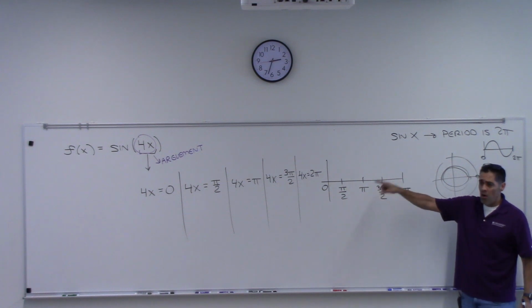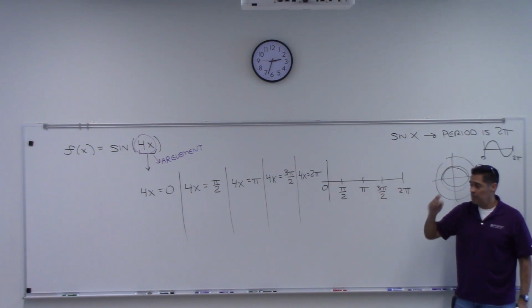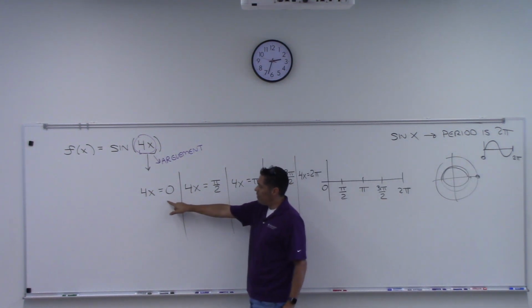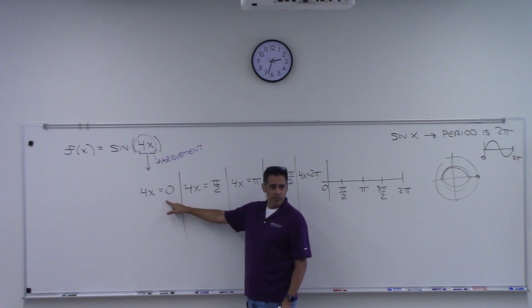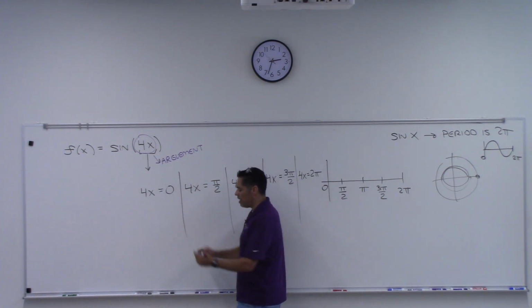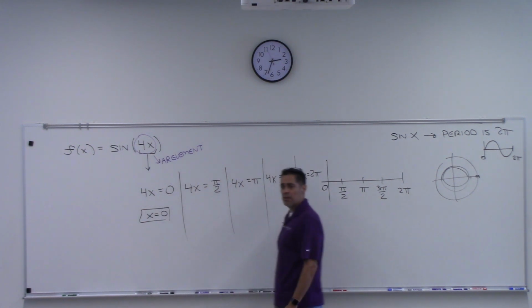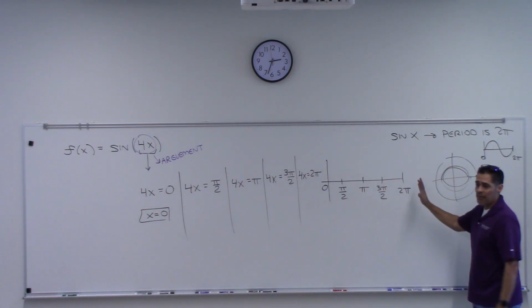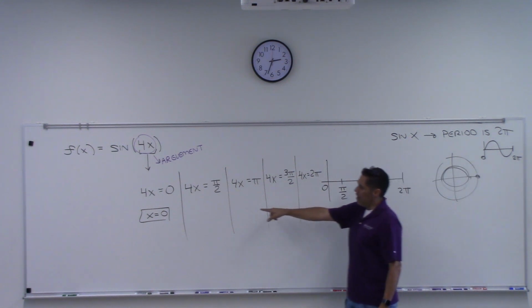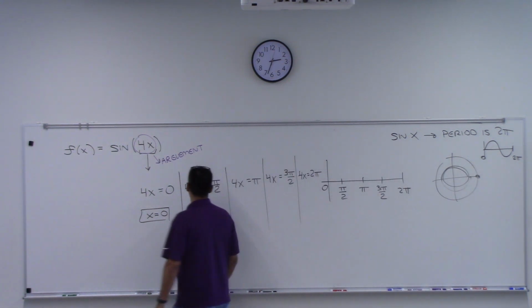And then I'm going to solve each of those for x. So what is solve for x here? Divide by 4. So if you divide both sides by 4, you get x is 0. Okay, that's the first critical number that I'm going to use to graph. Solve this for x. What do you get?